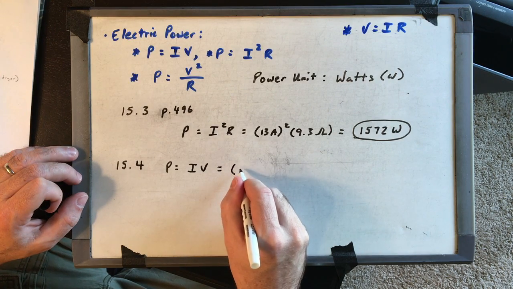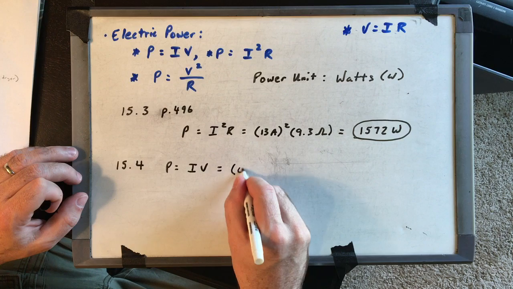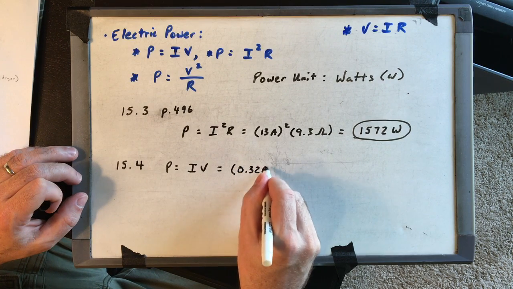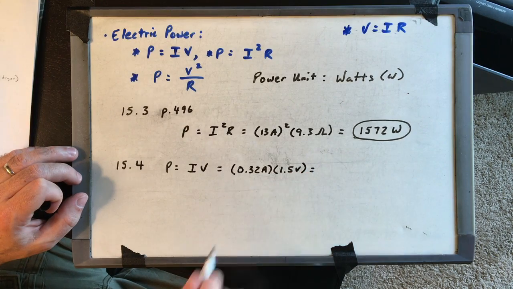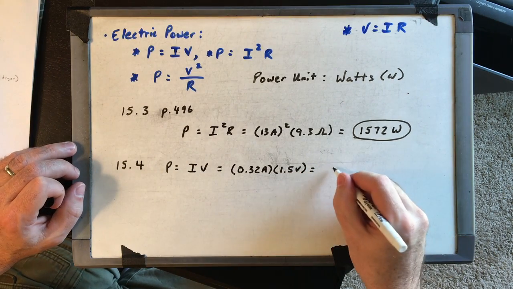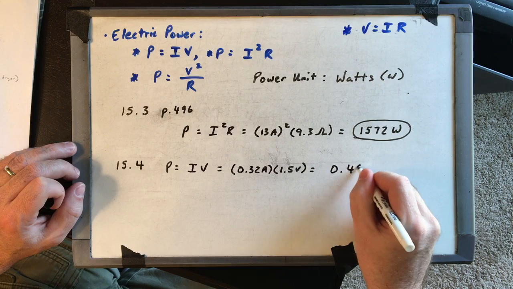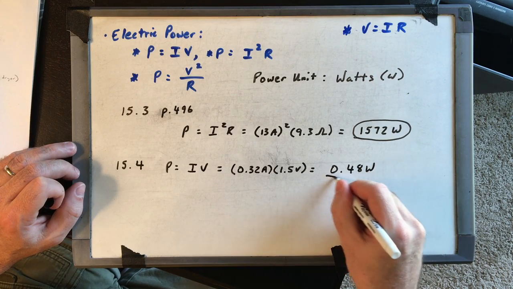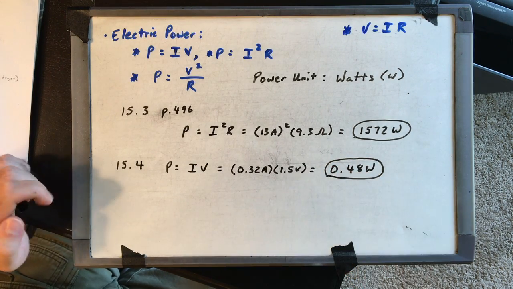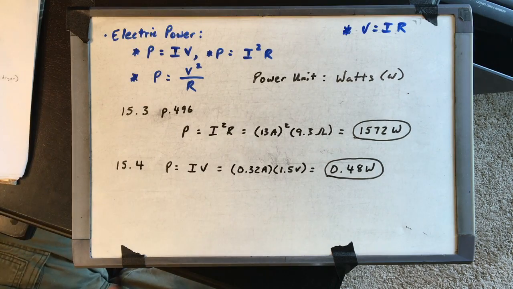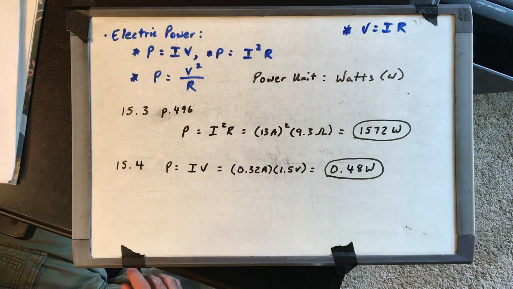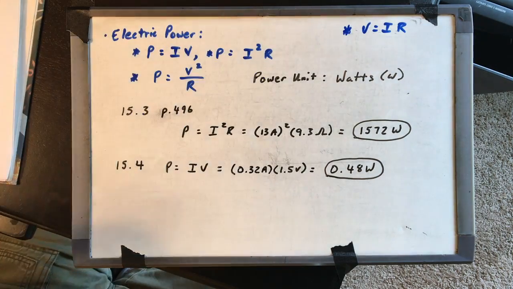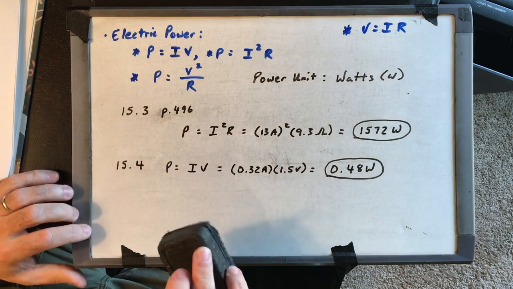So that's 0.32 amps times 1.5 volts. Right? And that is 0.48 watts. Okay, so that is the second page of notes. All right, if you need to pause the video, go ahead, and I'm going to erase.